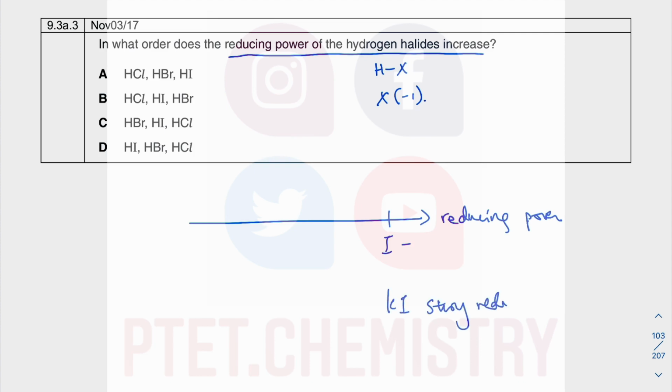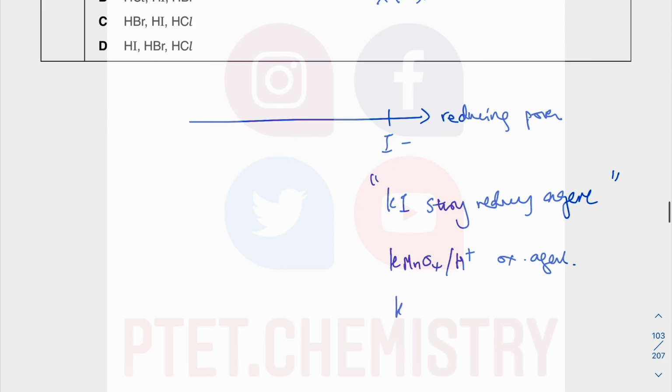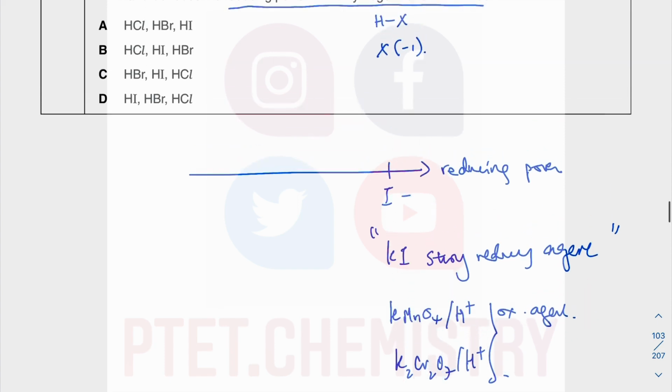In fact, you learn in O-level, there's only one reducing agent you learn in O-level, which is KI, whereas you learn acidified KMnO4 as your oxidizing agent. You might or might not have learned potassium dichromate(VI) as an oxidizing agent as well. So those are the common reducing and oxidizing agents you will have learned in O-level.